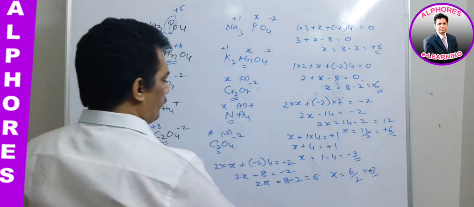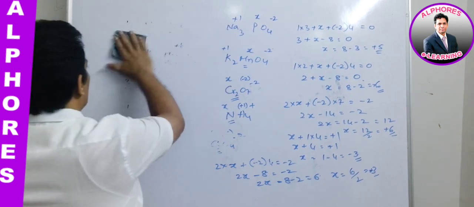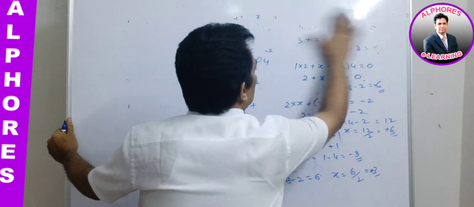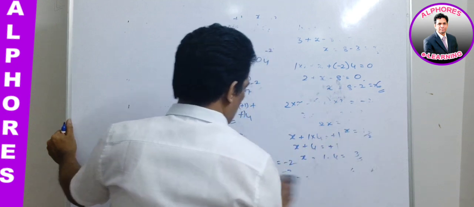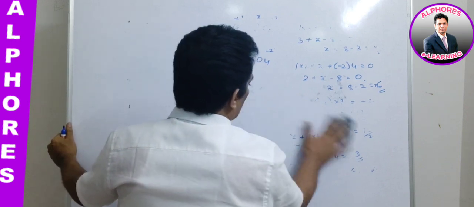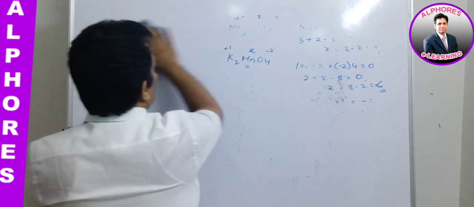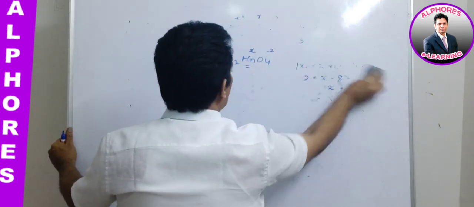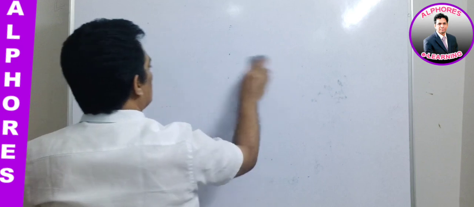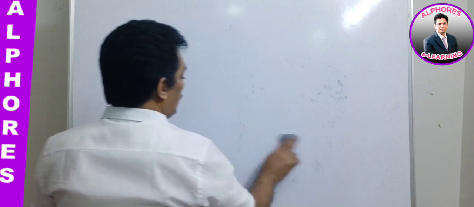Now let us go for the next 5 compounds that I provided to you. If I remember, let me give those compounds for you. One is aluminum sulfate, and they asked to calculate the sulfur oxidation state.